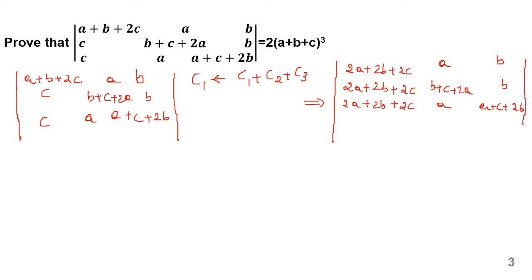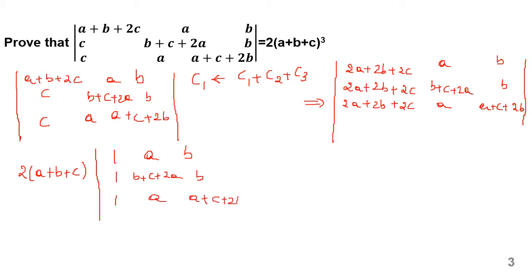Next, we'll take the common term outside for the first column, which is 2a plus 2b plus 2c, which is 2 into (a plus b plus c) as the common term. Determinant of 1, a, b; 1, b plus c plus 2a, b; 1, a, a plus c plus 2b.